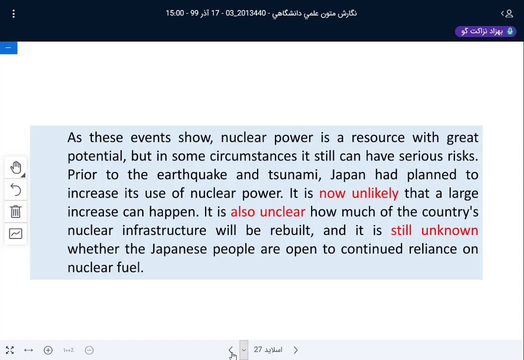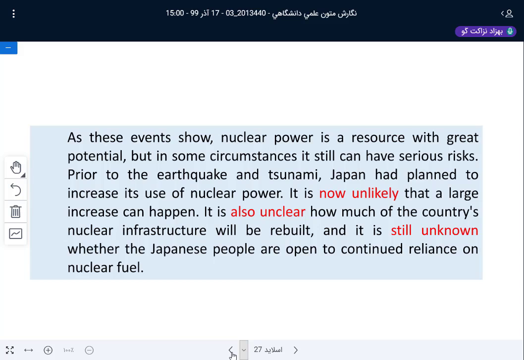Prior to the earthquake and tsunami, Japan had planned to increase its use of nuclear power. It is now unlikely that a large increase can happen. It is also unclear how much of the country's nuclear infrastructure will be rebuilt, and it is still unknown whether the Japanese people are open to continued reliance on nuclear fuel.